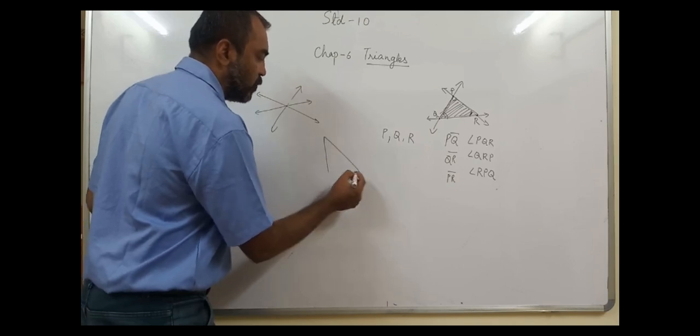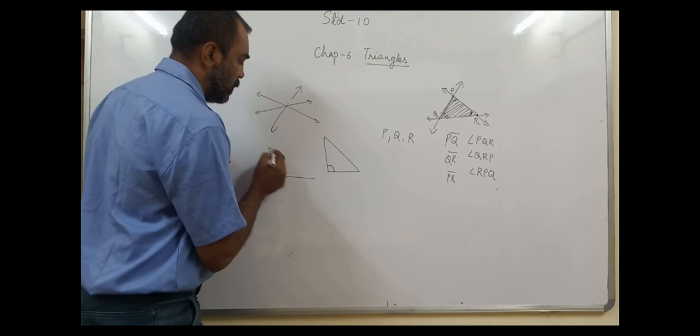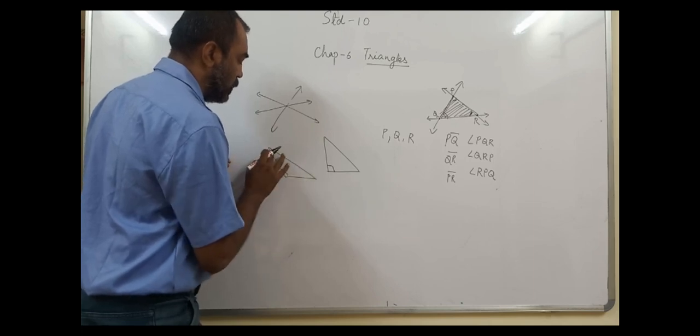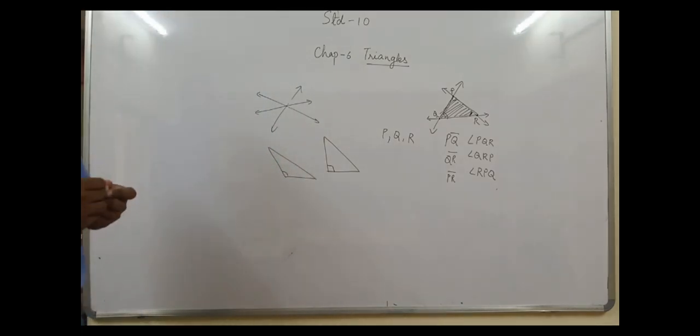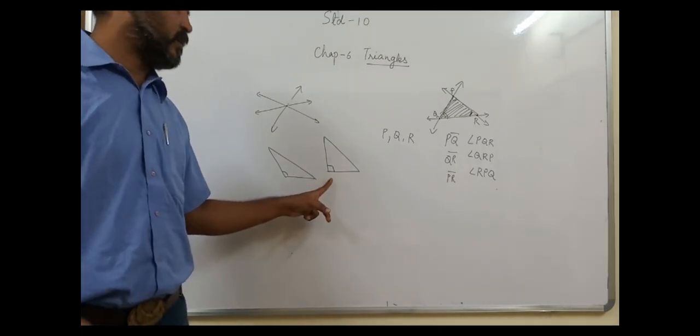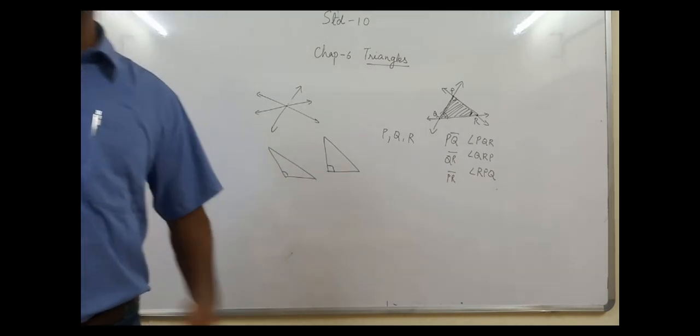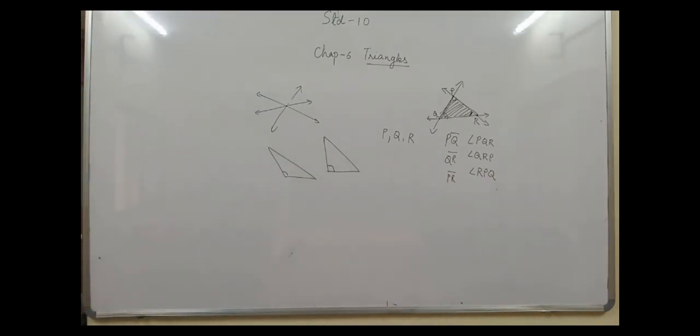If one is a right angle, it's a right angle triangle. And if one angle is obtuse, it is an obtuse angle triangle. If there is a right angle, only one right angle is possible. If it's obtuse, only one is possible. The others will always remain acute.